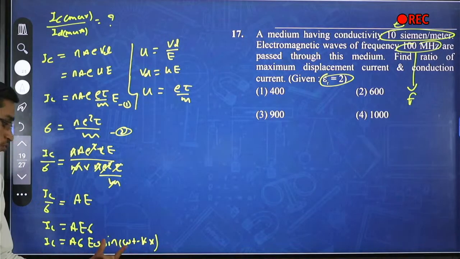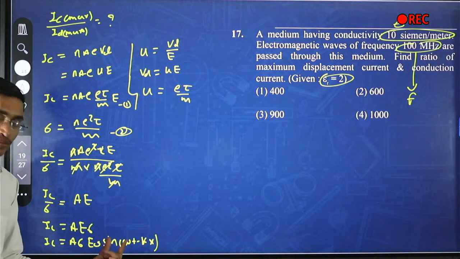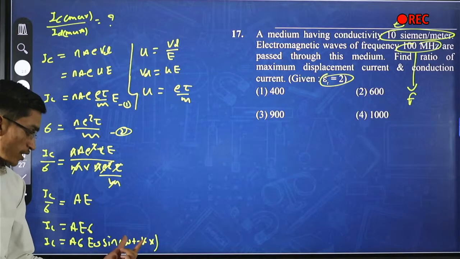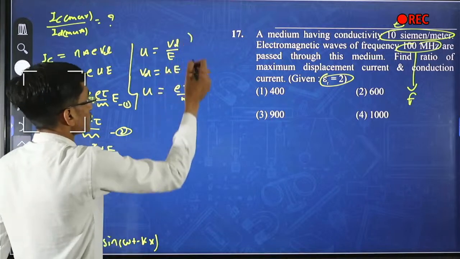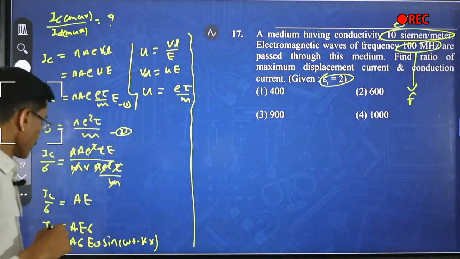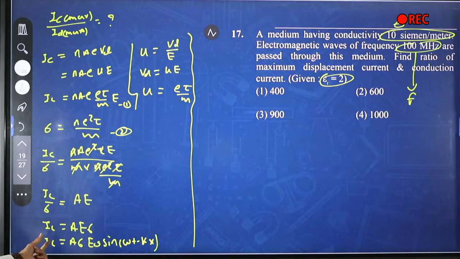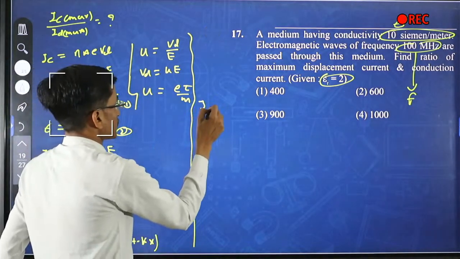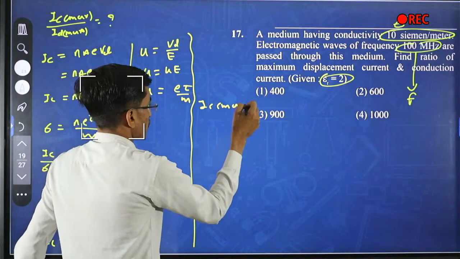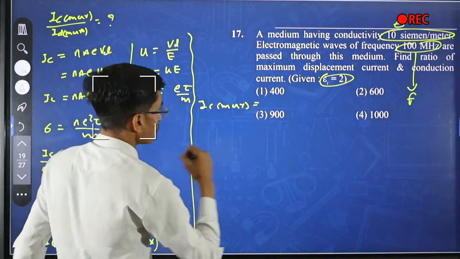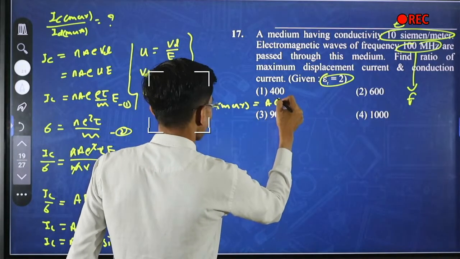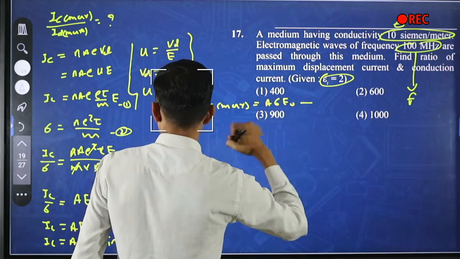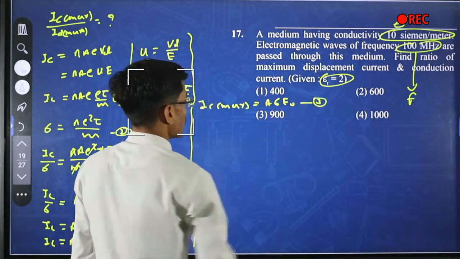We can use a cosine function instead of sine, or in omega t minus kx we can write omega t plus or minus kx, whatever we want. So from this, the maximum conduction current value can be written as A sigma E naught. Let us say equation 3.